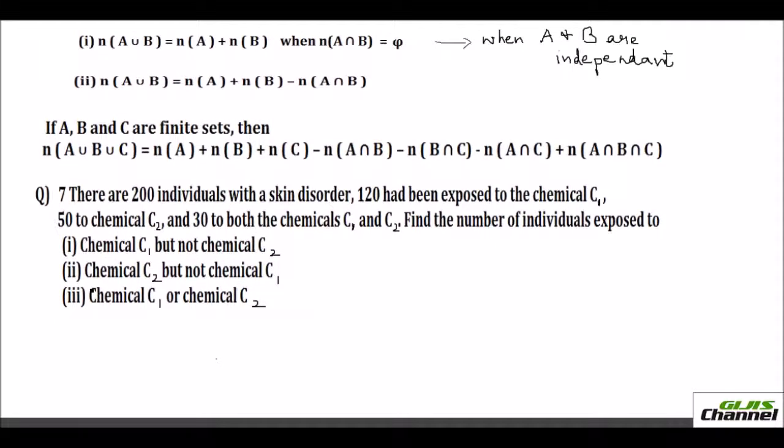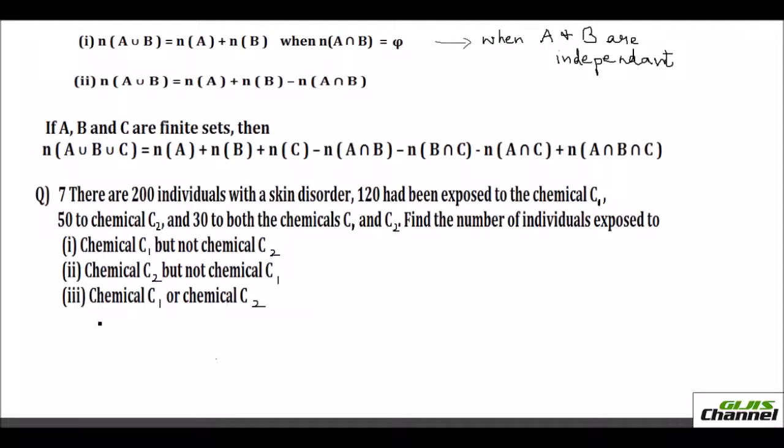So here they say there are 200 individuals with a skin disorder. 120 had been exposed to the chemical C1, 50 to chemical C2 and 30 to both the chemicals C1 and C2. Find the number of individuals exposed to, and multiple questions are asked.